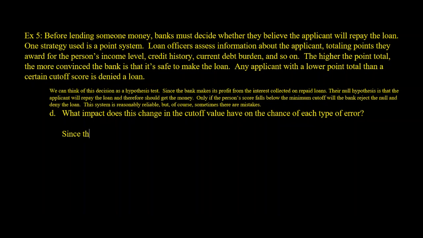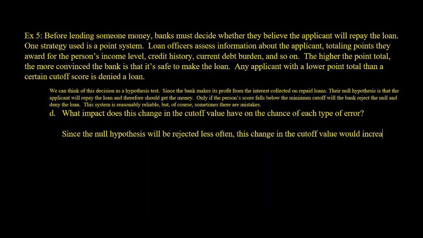Since the null will be rejected less often, this change in the cutoff value would increase the risk of loaning money to someone that cannot repay it. This is type 2 error.